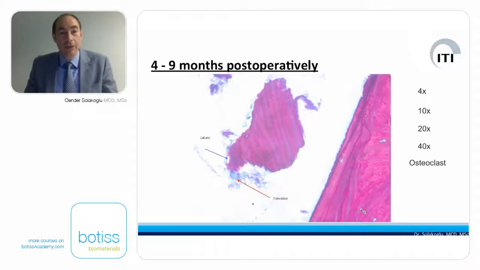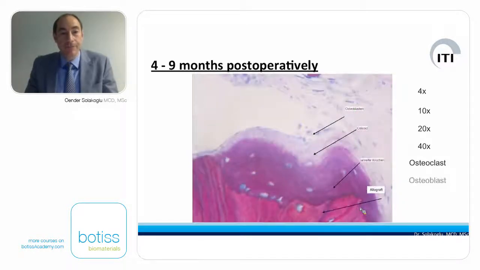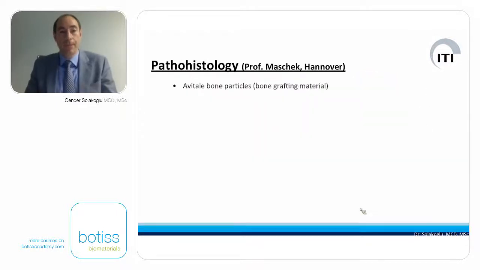The higher magnification even shows osteoclastic activity. Here you can appreciate the lagoon, which is caused by an osteoclast that is basically eating this bone grafting material. And on the other side, you have osteoblastic activity of newly formed bone.